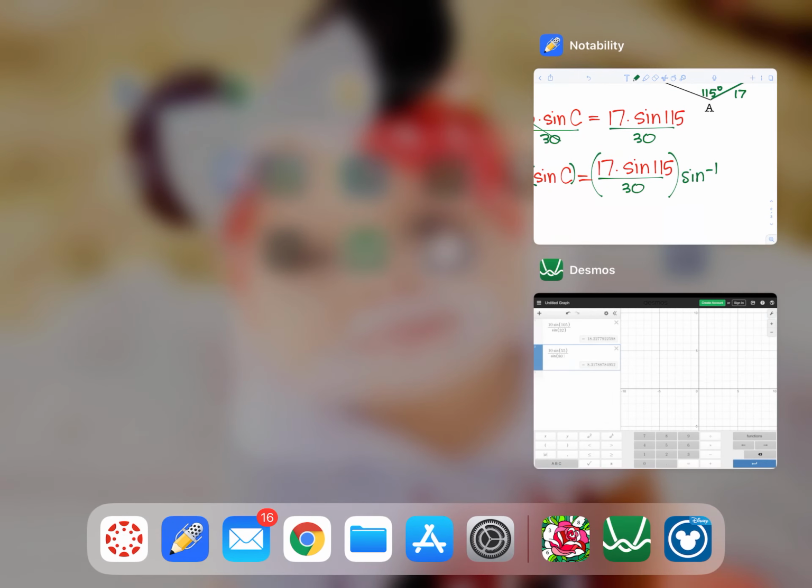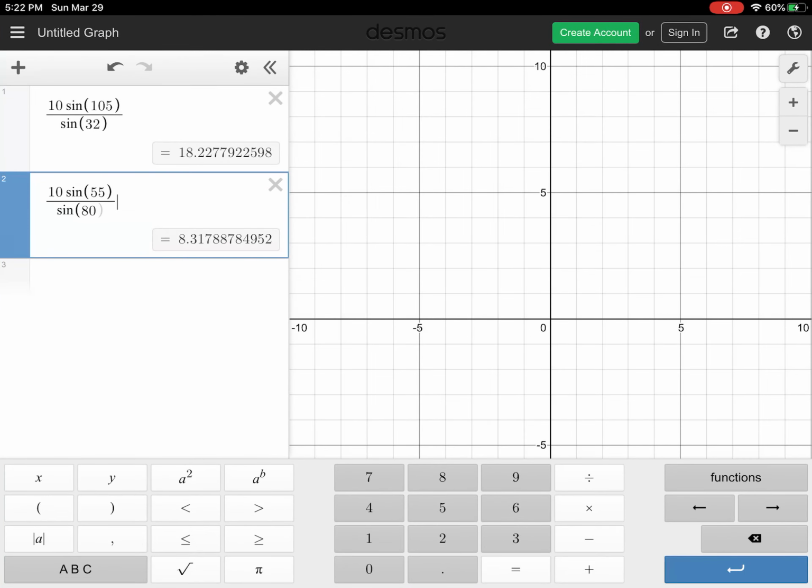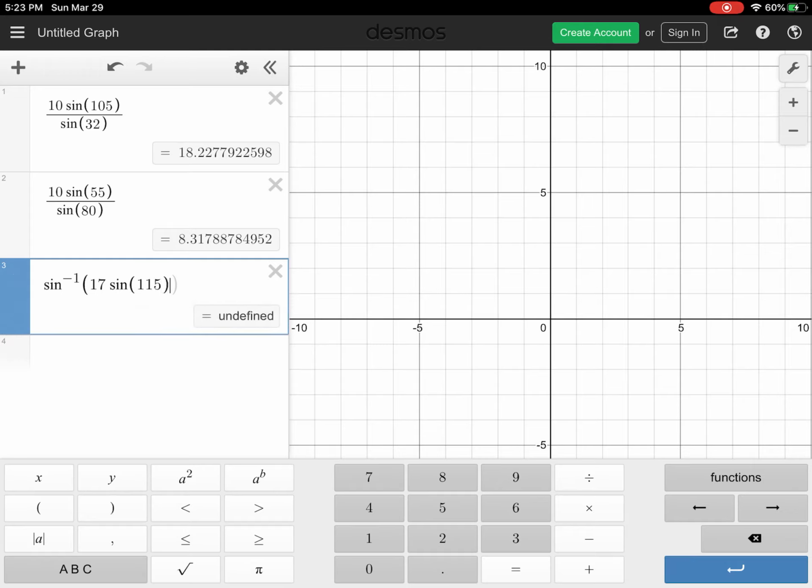So let's go ahead and type that in. I'm going to swap over to my Desmos. So we have the sine inverse of 17 times the sine of 115 divided by, oopsie. I'm going to try that again. We need the divided by part to be inside those parentheses. There we go.